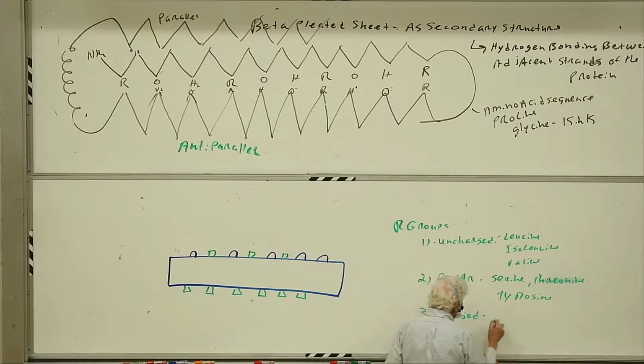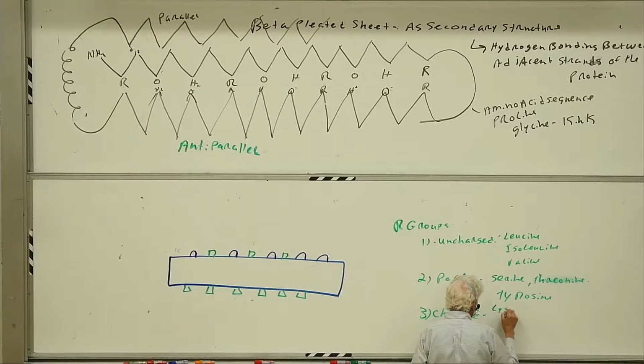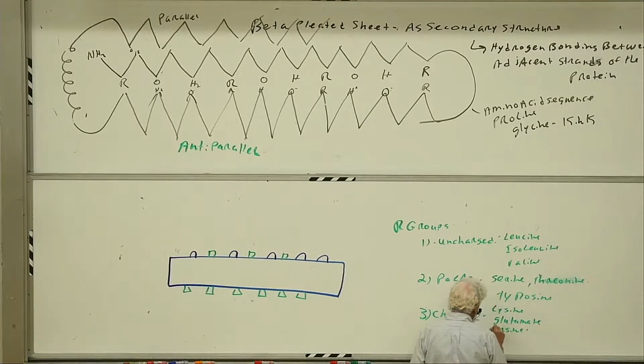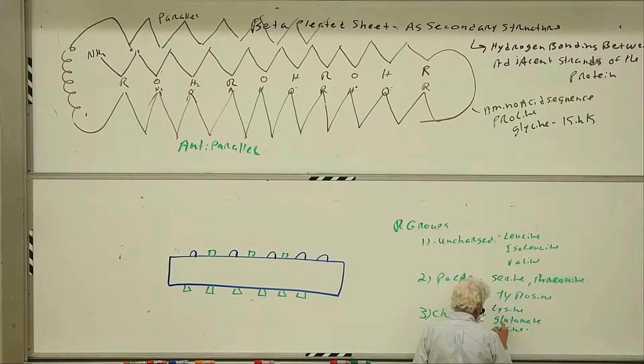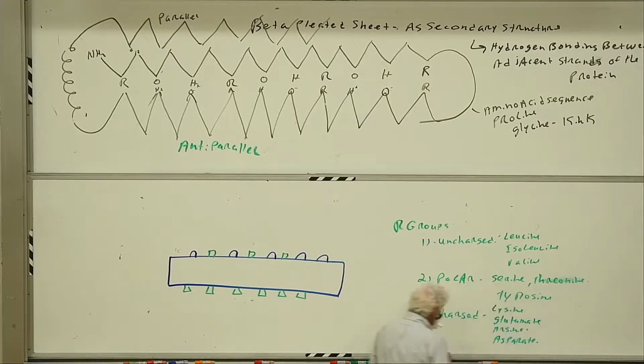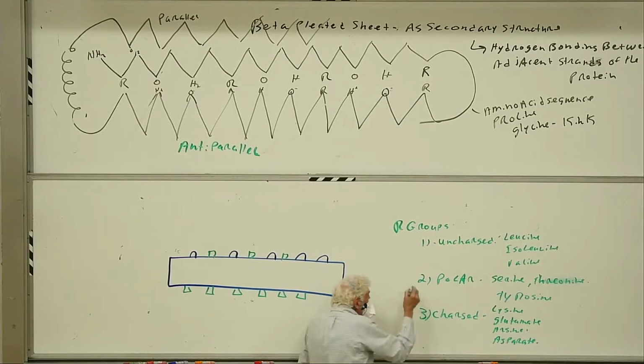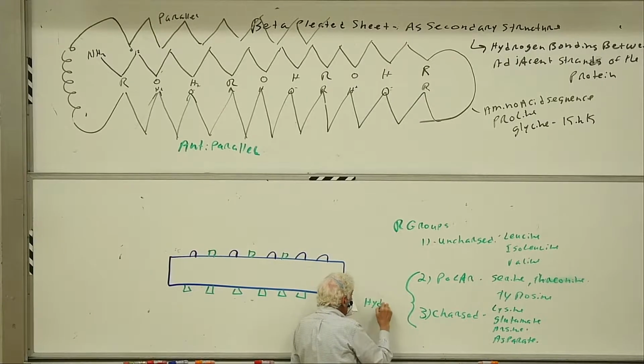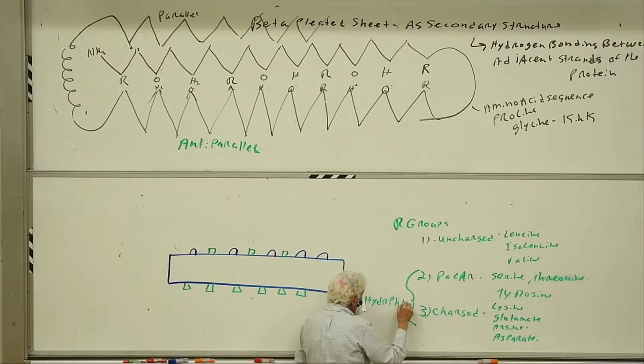And among the charged ones will be things like glycine and glutamate and arginine, I think arginine, and aspartate. Now, of course, because they're polar or charged, that tells us they're hydrophilic. These guys that are uncharged, these are hydrophobic.